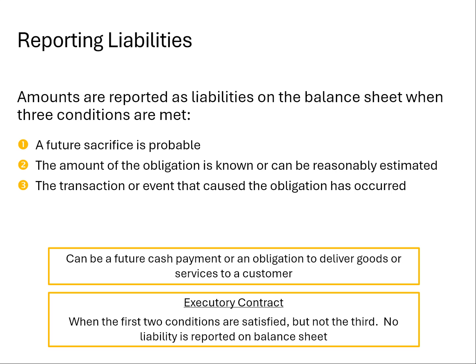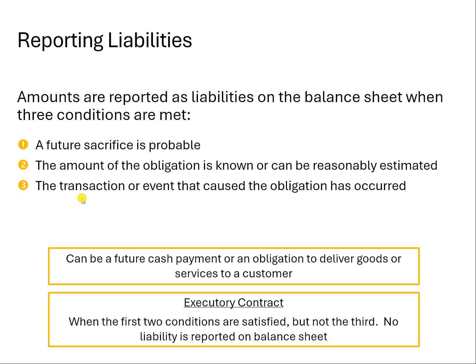Right, so what are liabilities? The liabilities means we're going to sacrifice future benefit. It's probable. This sacrifice is probable, and the amount is known, and it can be reasonably estimated.